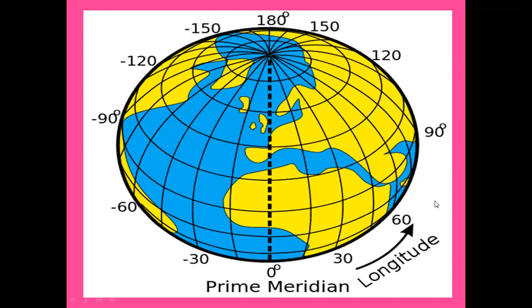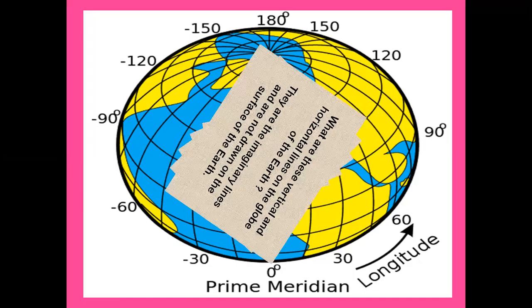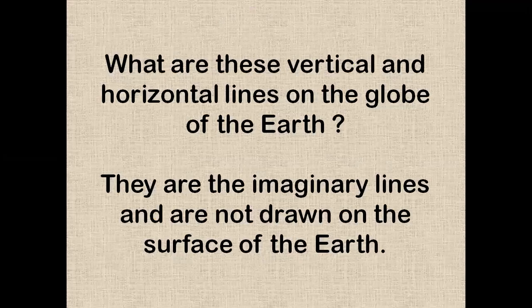Now these latitudes and longitudes are just imaginary lines. What are these vertical and horizontal lines on the globe of the earth? That is what we saw in the first two images. Now these vertical and horizontal lines on the globe are the imaginary lines. They are not drawn on the surface of the earth.